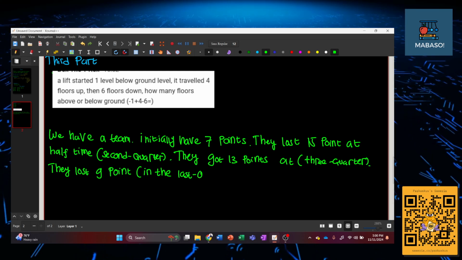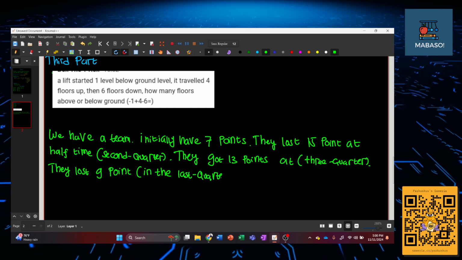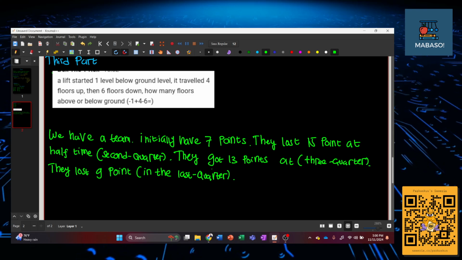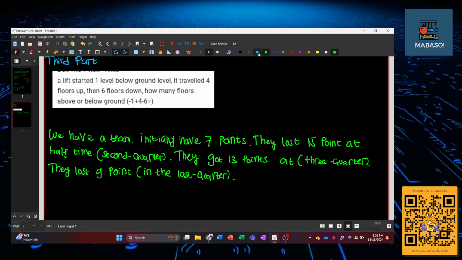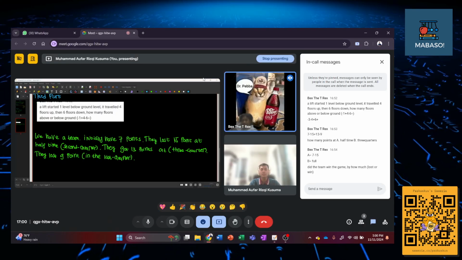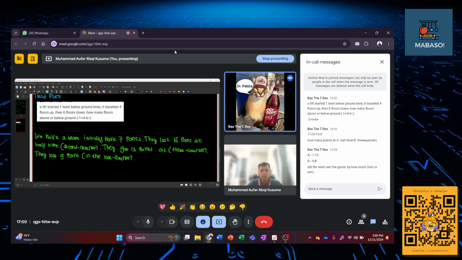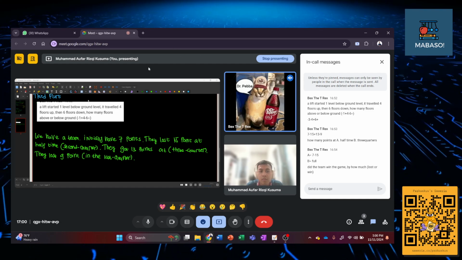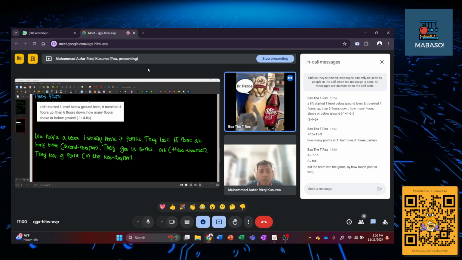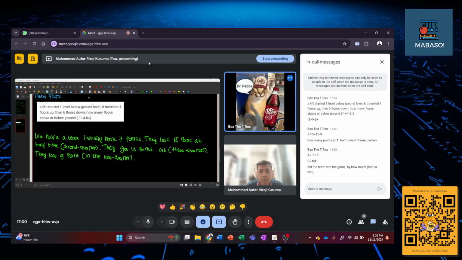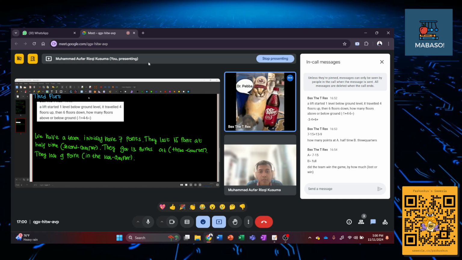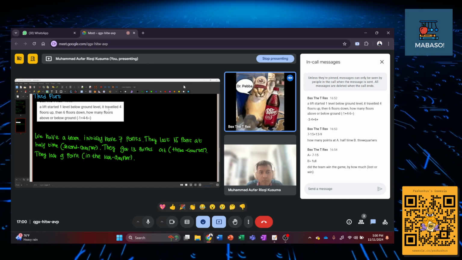Now remember, the points, for example, they first have 7 points in front of the other team. Then they lost 15 points from the 7 points in the second quarter.